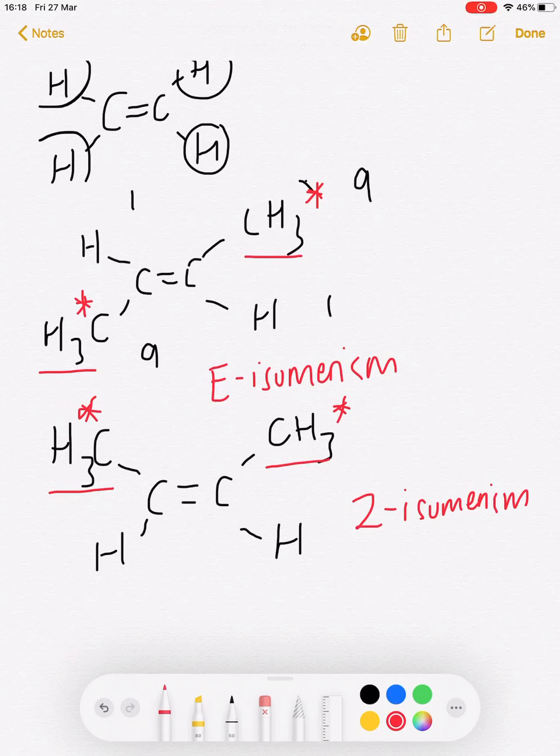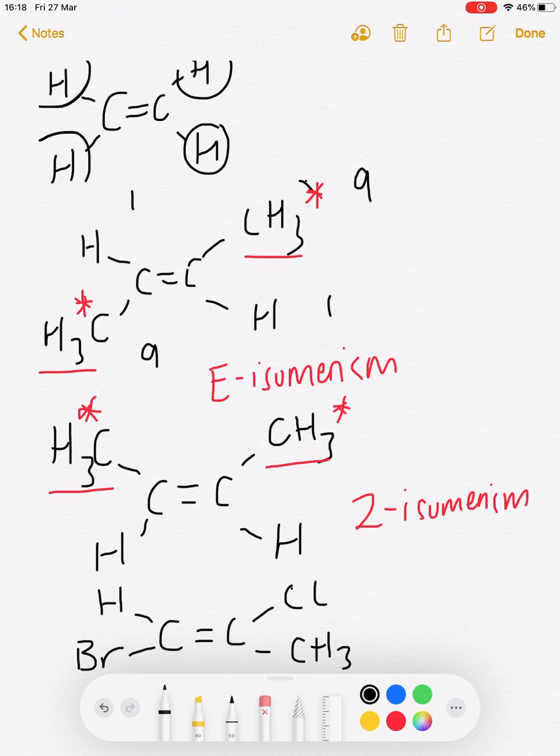If we look at a completely different example, if we've got a double bond, we've got a Cl, a CH3, an H, and let's say a Br, let's try and work out which one has the highest priority and whether this is going to be E or Z isomerism.